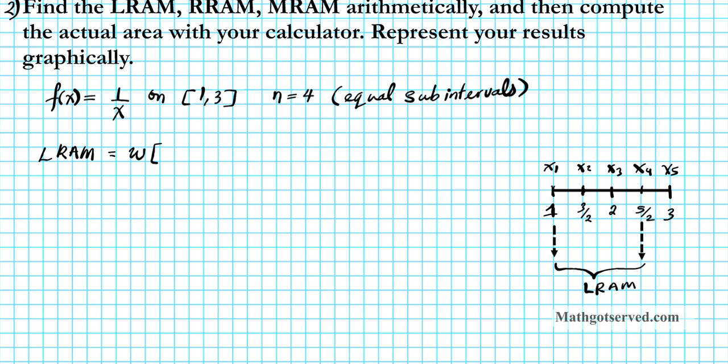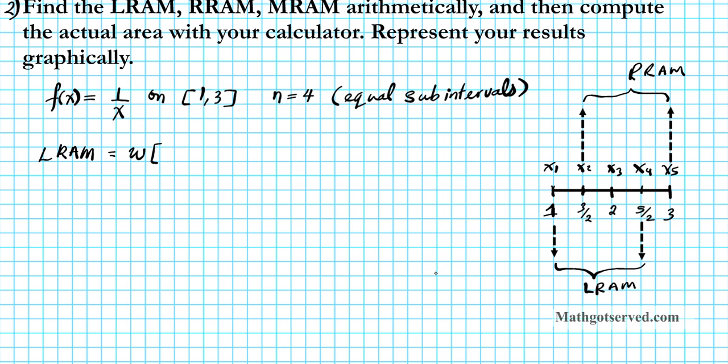For RRAM, the right rectangular approximation, we're going to pick all the points to the right of our left endpoint. So we're going to start from x2, x3, x4, and then end up in x5. So from x2 all the way to x5, that will give us what our RRAM is going to be. So this right here is our right rectangular approximation.